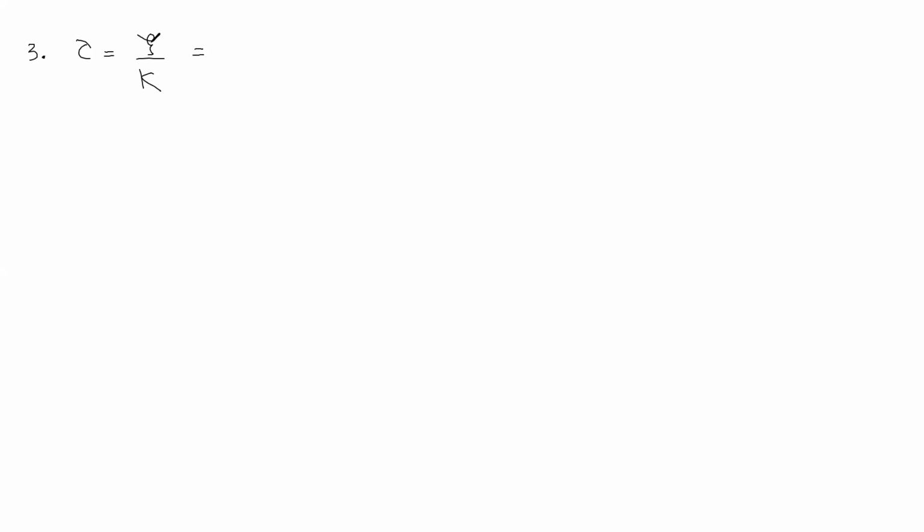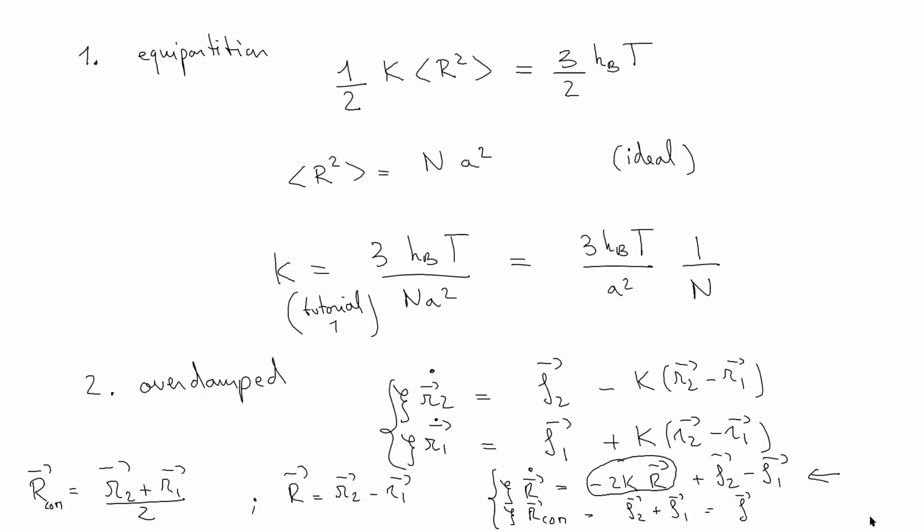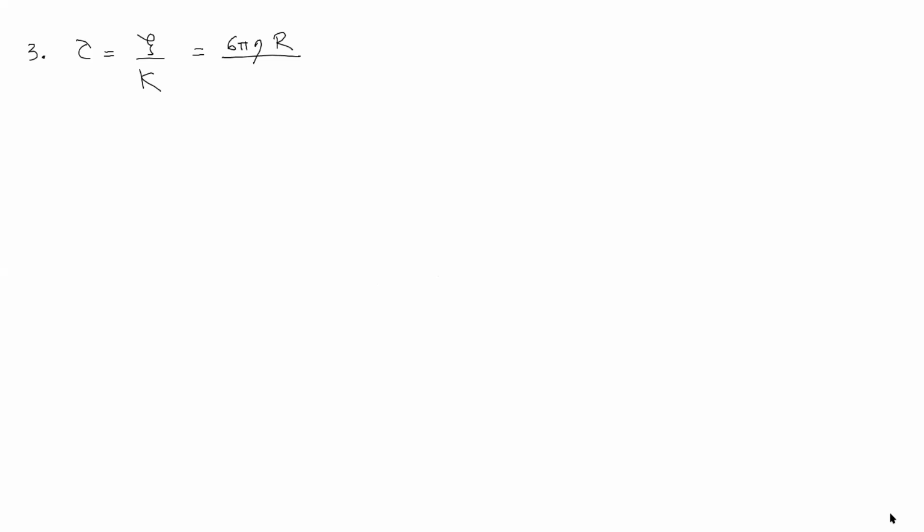All right, and so let us now rewrite it. So xi is 6 pi eta R, and we don't know yet what R is, and K is 3 kBT. Let me just take it back from here. K is 3 kBT over N a squared. So if you want, this can be recast as long as R is equal to A to a certain exponent mu, okay?